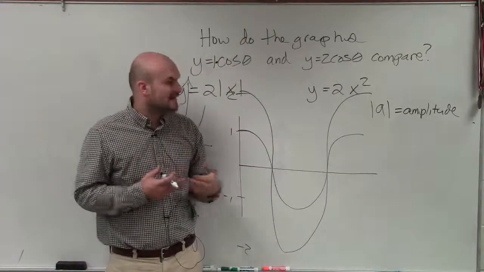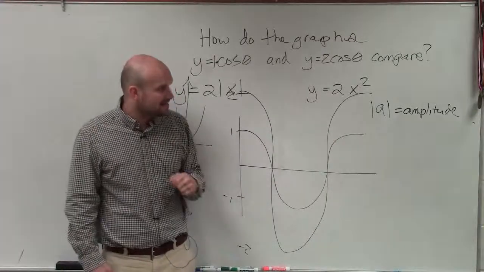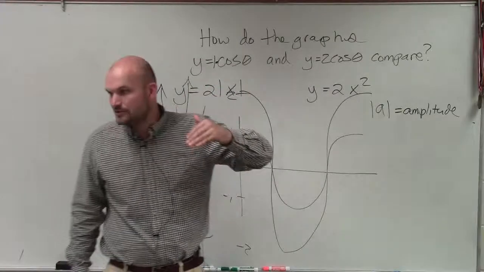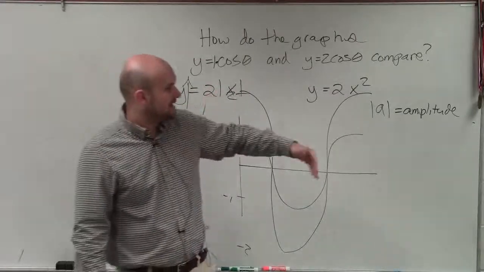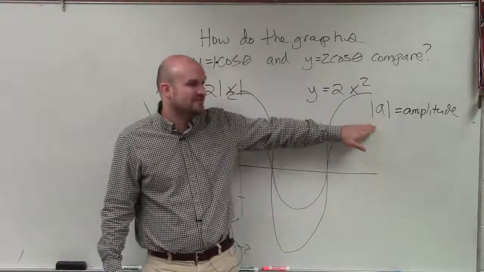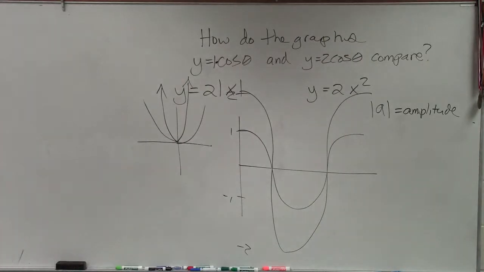It's not going to affect anything with its cycle, which we would think about with period. So I would make my estimated guess just on understanding what amplitude and period represent. I would go with amplitude. But the actual true answer is, again, amplitude, as the absolute value of A equals the amplitude. I'm not going to go through how to find the period unless we start getting into some more trigonometric functions.